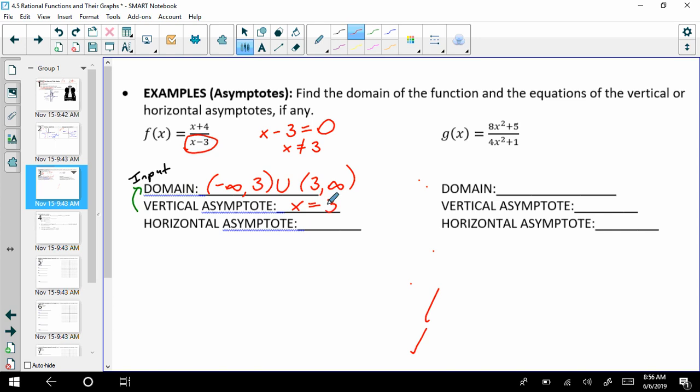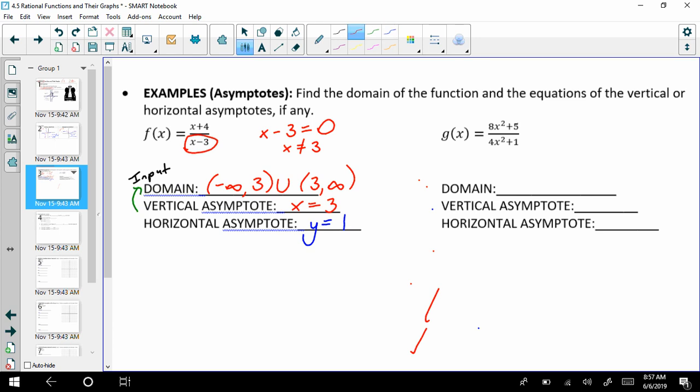That's where my wall is going to be located because I know the graph won't touch that. Now the horizontal asymptote is a little trickier. The horizontal asymptote, y equals, I'm going to tell you it's at 1. Well, how do I know that? Just by looking at it. There is a way to tell. And in just a moment, I will tell you how to figure that out right away just by looking at what they gave you. Let's look at the next one.